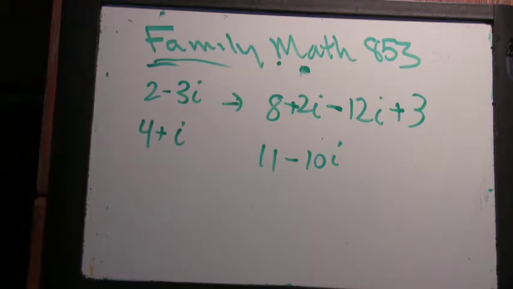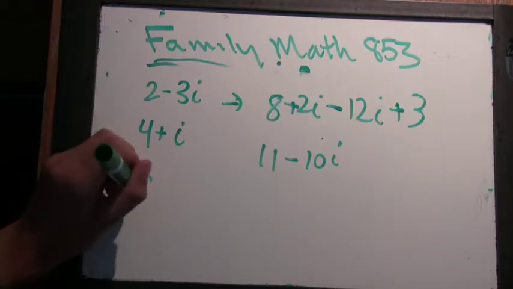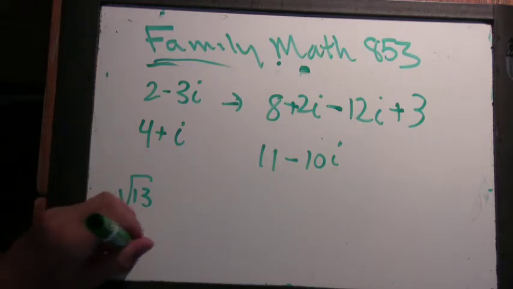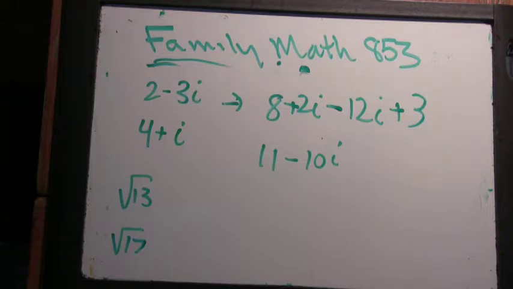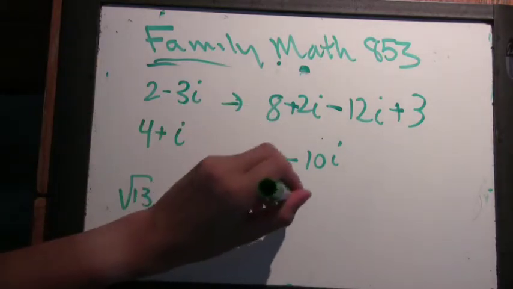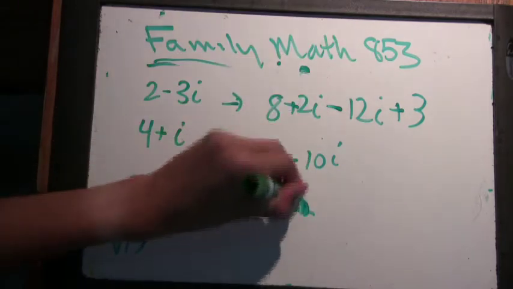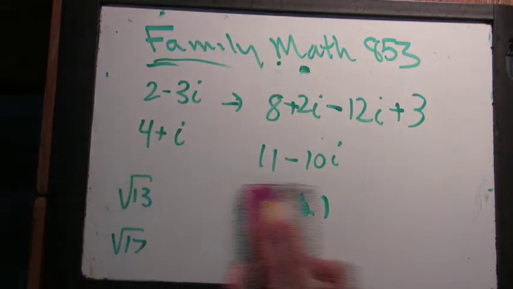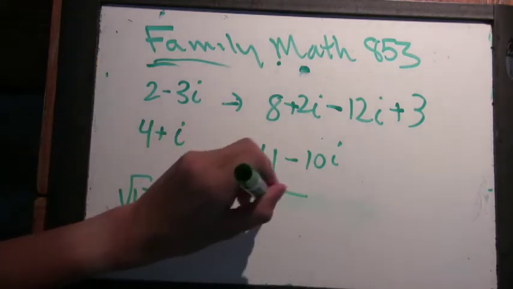So the distance for 2 minus 3i is root 13. And 4 plus i is root 17. And then 11 minus 10i is root 221.